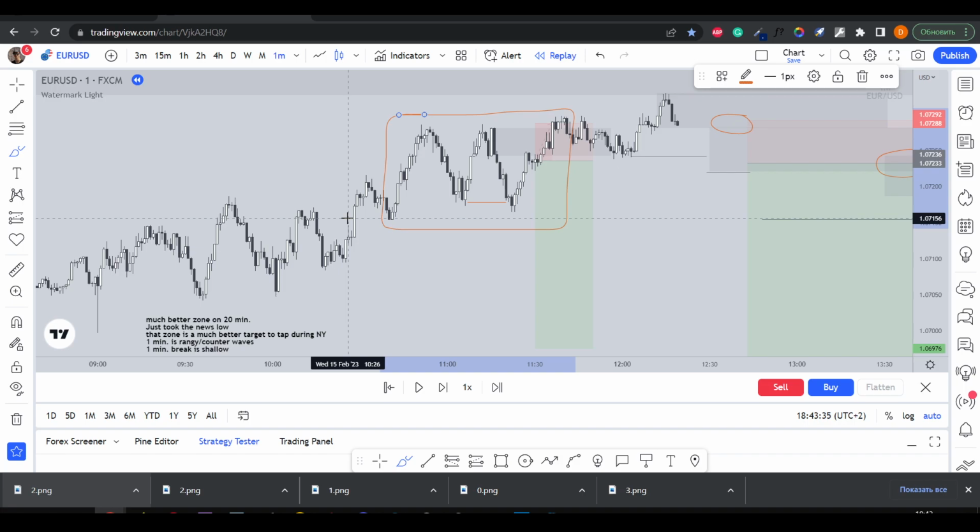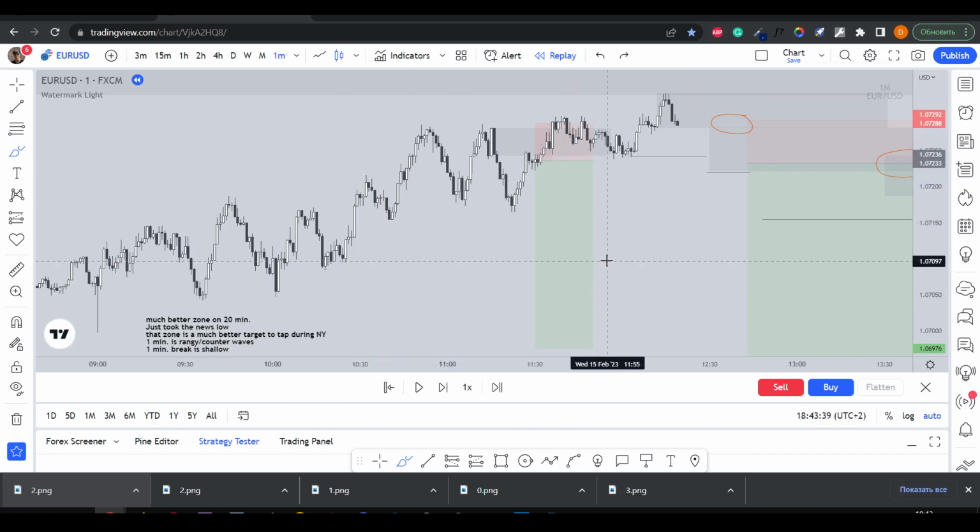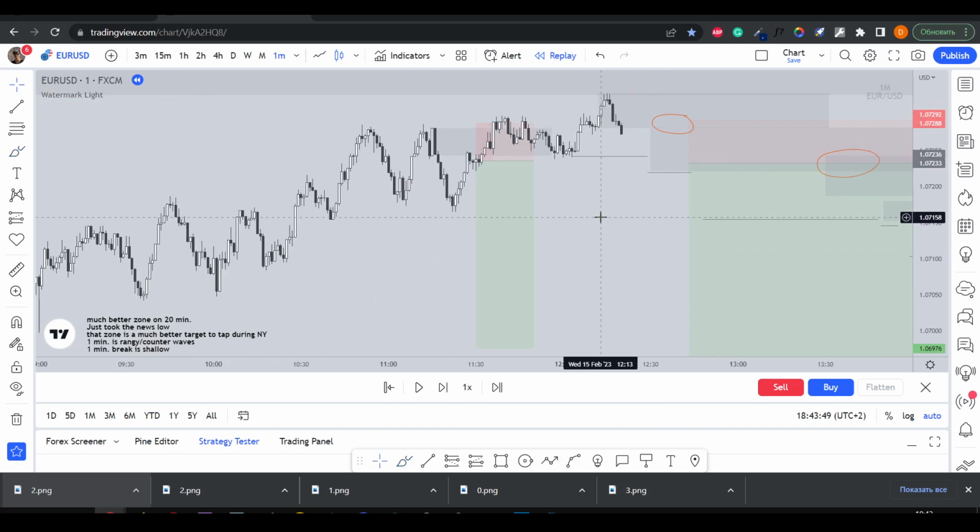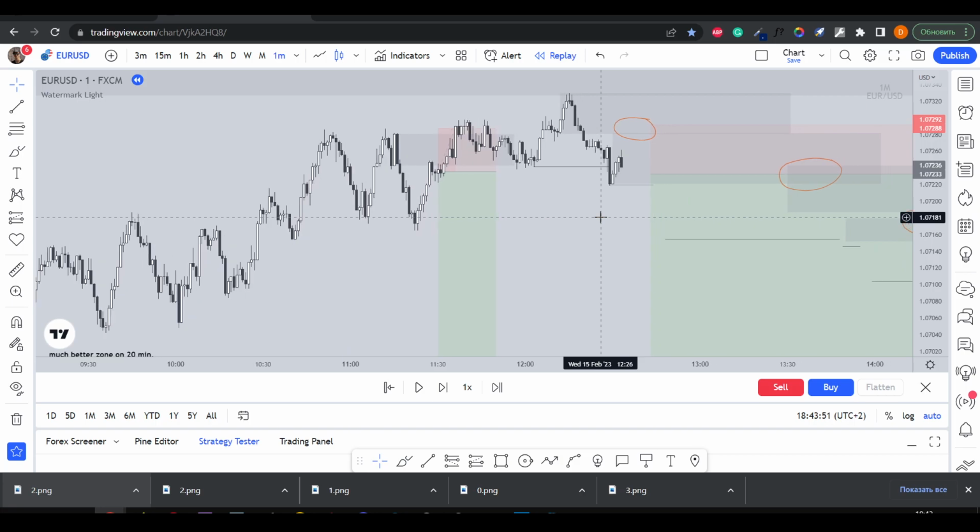Sometimes it works, so it could just go from here. But usually, as you can see from my previous weeks, these entries do not work as well. And then you see what happens. We create this really clean break on 1 minute.